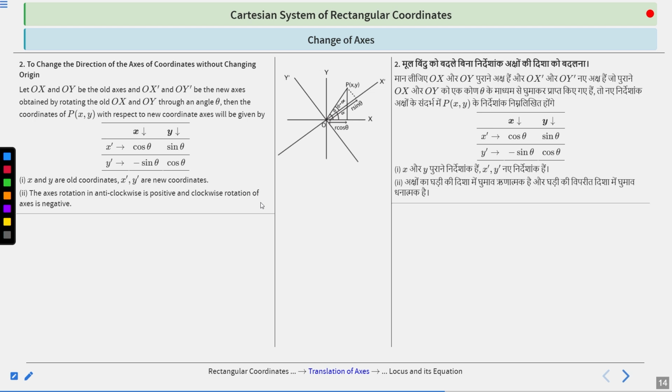Then the coordinates of P(x, y) with respect to the new coordinate axis will be given by multiplying with this matrix: cos theta, sin theta, and minus sin theta, cos theta. Clear? x and y are old coordinates and x' and y' are new coordinates, right? The axis rotation in anti-clockwise is positive and clockwise rotation of axis is negative, right?